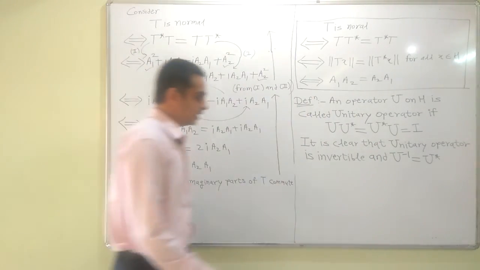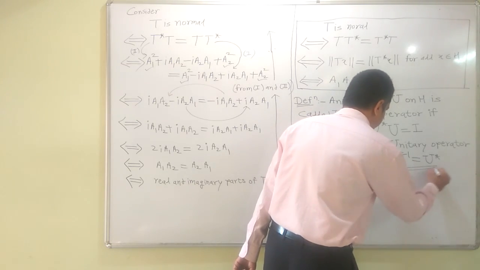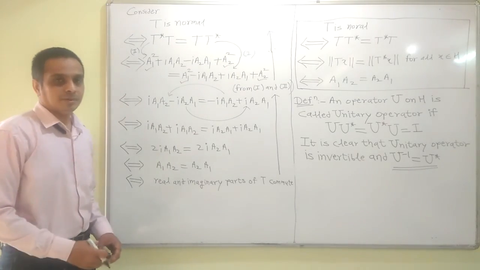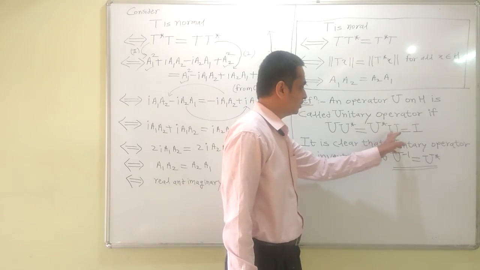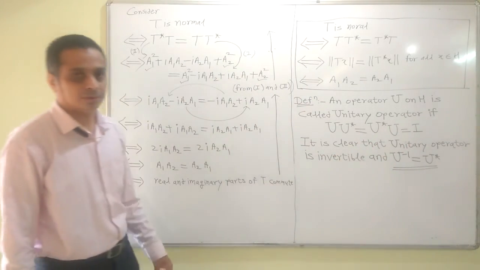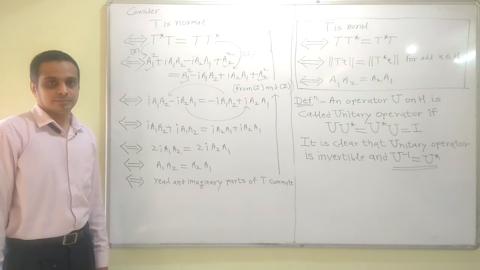In fact, we can take this as the definition of a unitary operator: U inverse is equal to U star. So remember the definition of a unitary operator: U U star equals U star U equals I. This denotes composition, U composition U star. Okay, thank you.